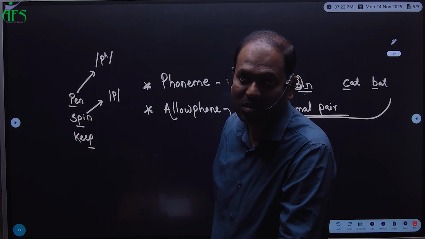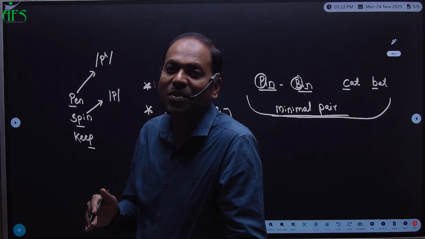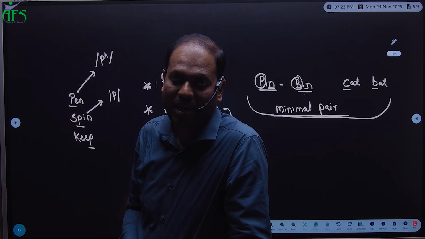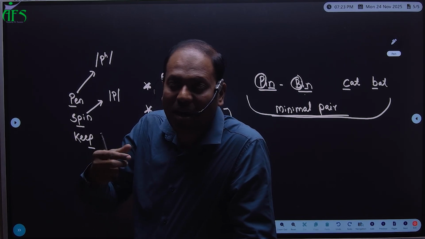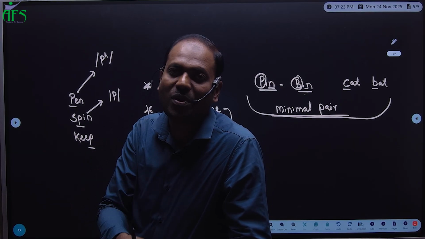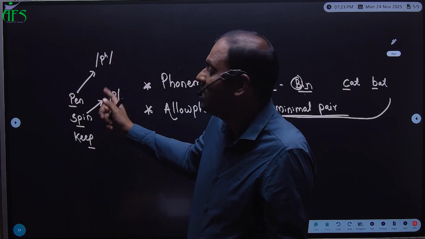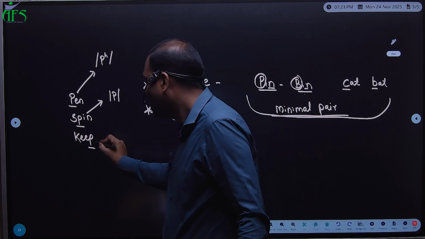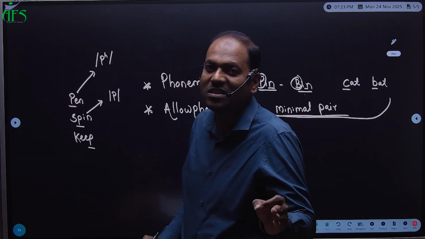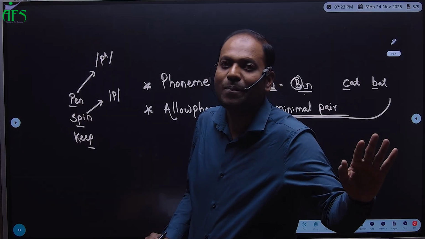The first is pen, the second is spin, and the third one is more special. As you know, the sound P cannot be uttered without releasing the airstream out of your mouth. Like P, I have to separate the lips to release the air, and only then will the sound P be uttered. But whenever the sound P appears at the end of the word, you need not release the air.